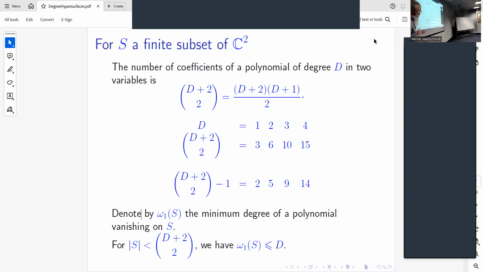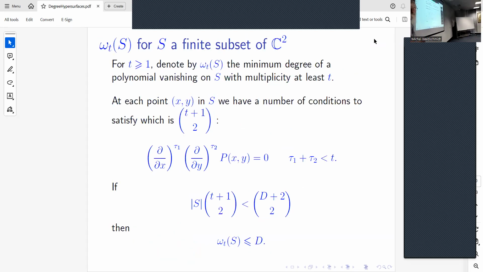But I will not be happy with multiplicity 1. I want to have a multiplicity. So for t greater than or equal to 1, I denote by omega t of S the minimum degree of a polynomial vanishing on S with multiplicity at least t. So now, if we want to use linear algebra, we have to count how many conditions we have.